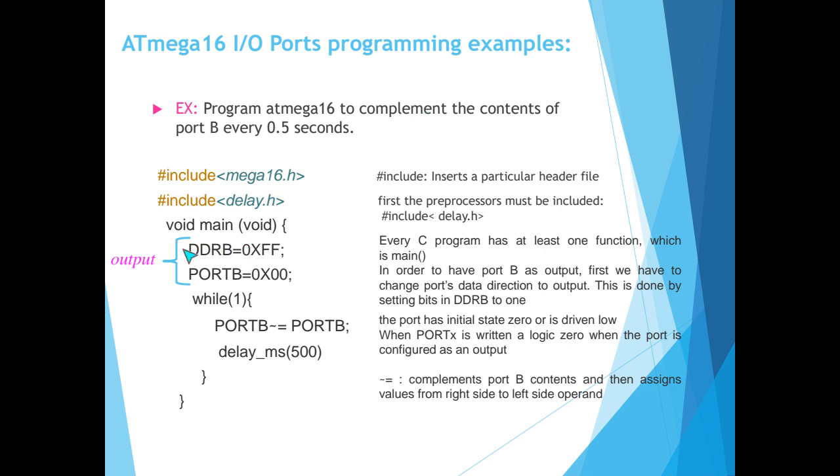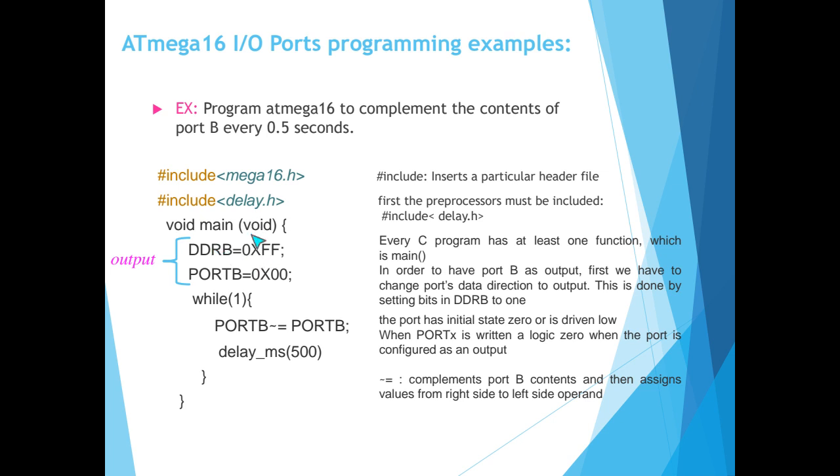For configuring one port as input or output, which register do we use? We use the DDR register. As you see, I use the DDR register, and for configuring it as output, we should write all the bits as logic 1.